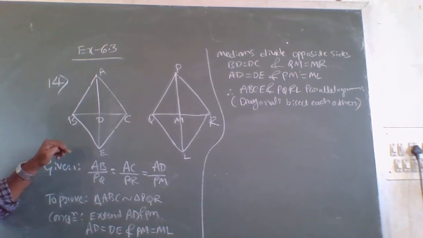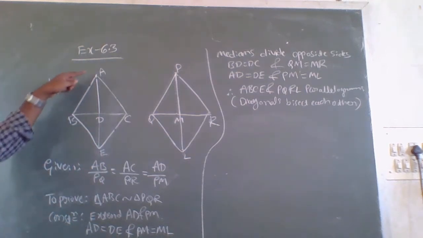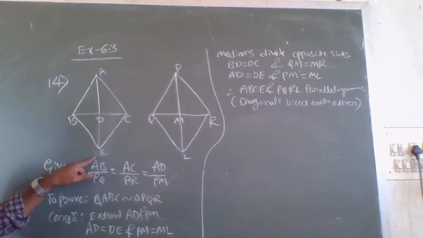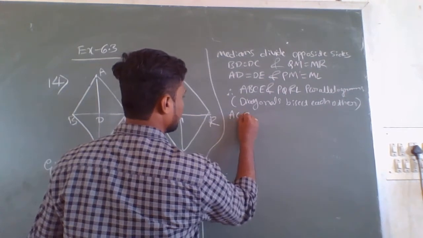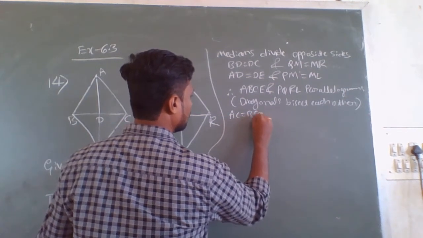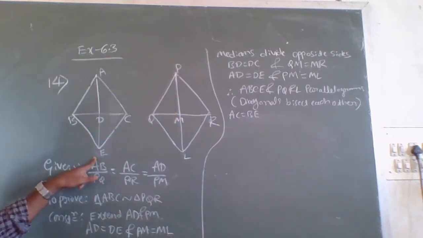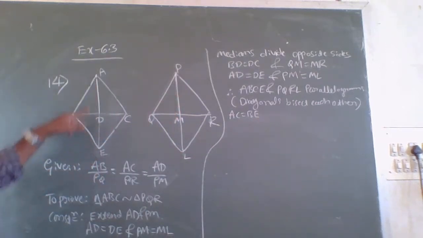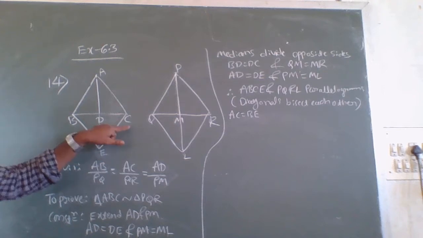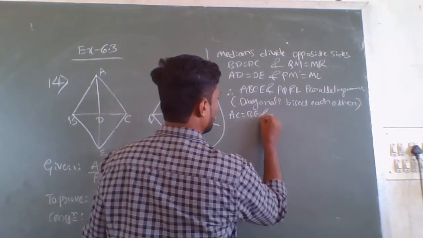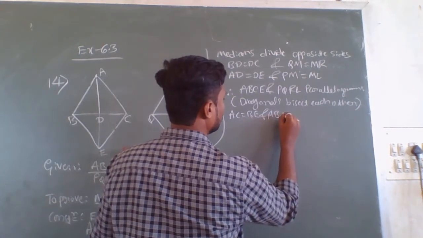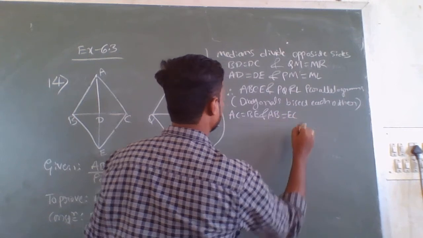In a parallelogram we know that opposite sides are equal. Therefore, here AC is equal to BE, and AB is equal to EC.